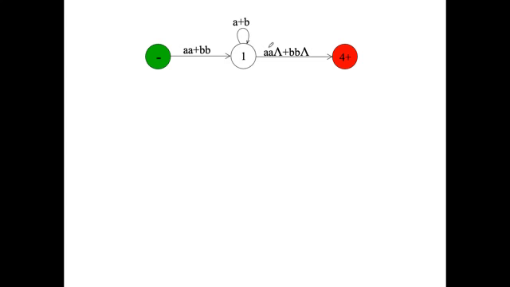So we have AA lambda plus BB lambda. We can remove this lambda because a string concatenated with lambda is that string. So it's actually AA plus BB.